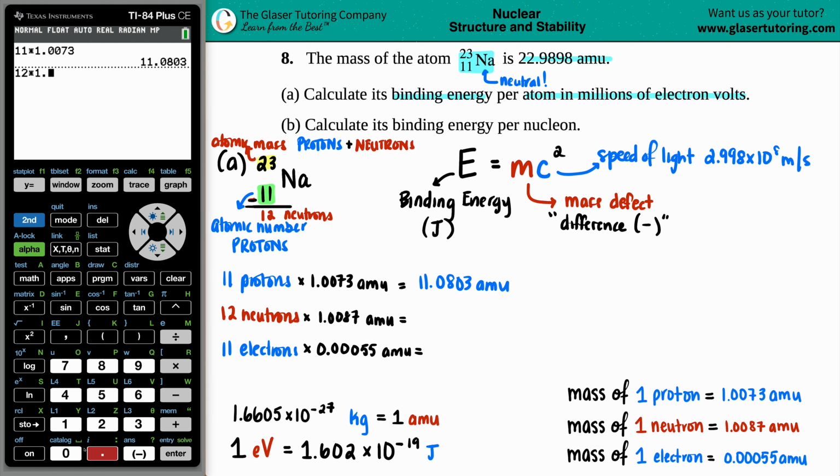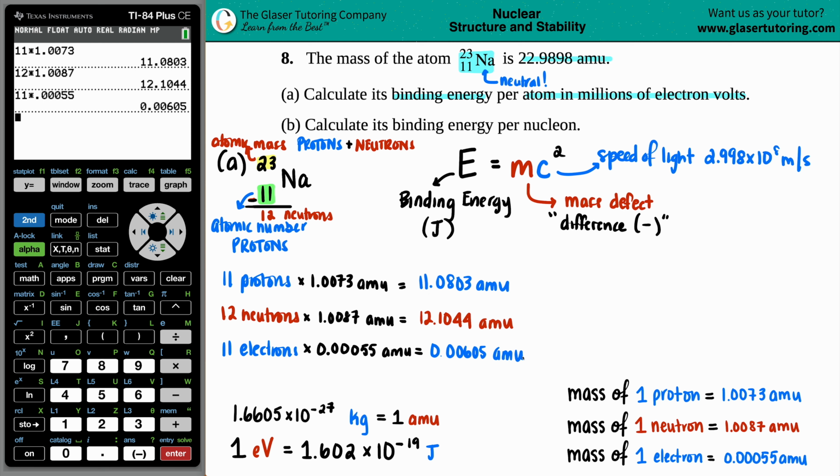12 times 1.0087. I get 12.1044 AMUs from the neutrons, and then 11 times 0.00055. Okay, I got 0.00605 AMUs.